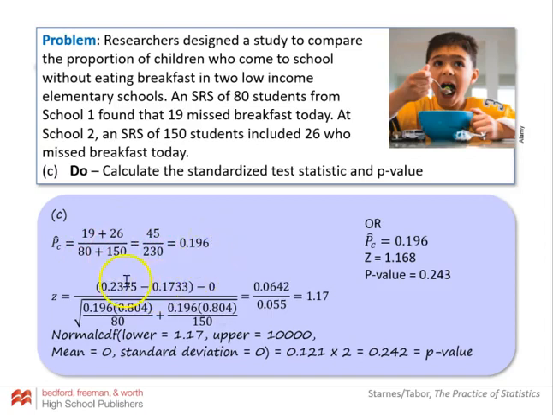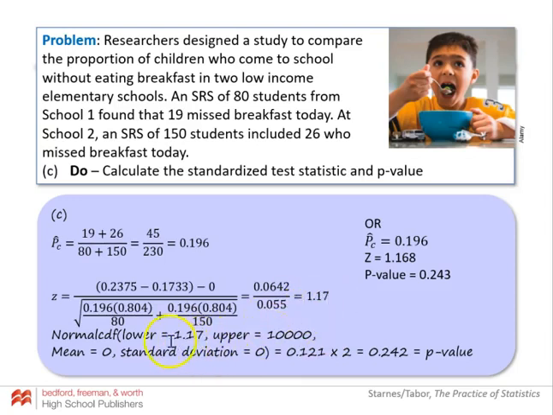On the top, p hat 1 is the proportion just at school 1, and p hat 2 is the proportion just at school 2. The parameter we're using is 0 because we're assuming there is no difference. Then down here we use our p hat c for each of these. We get a z-score of 1.17, and then we're going to do normal CDF.